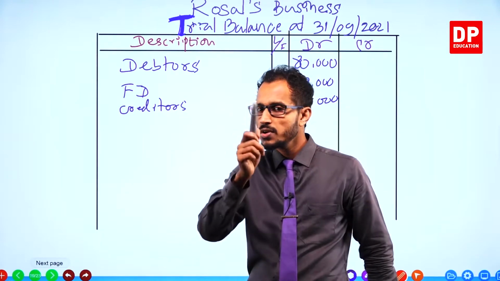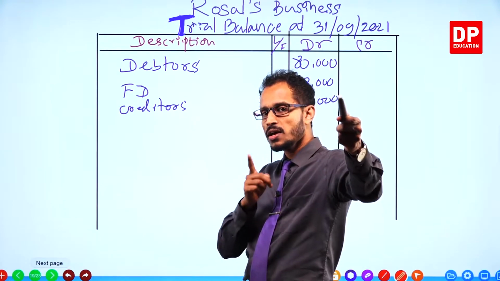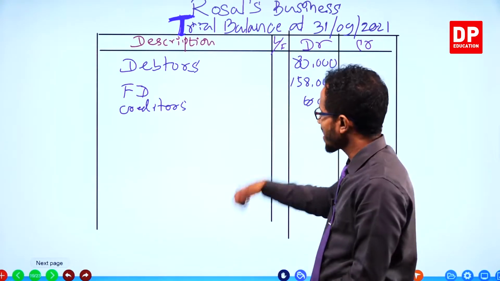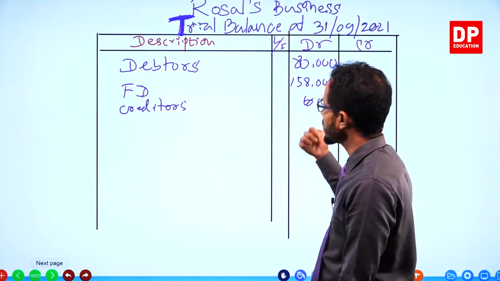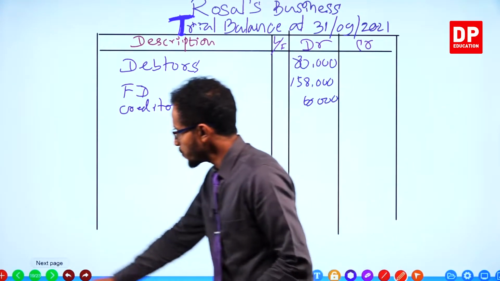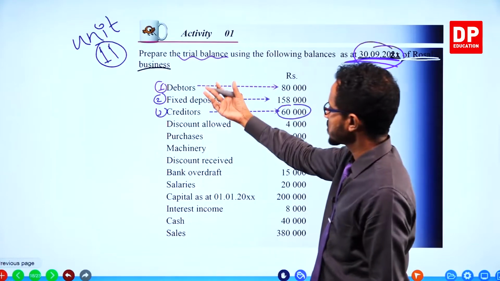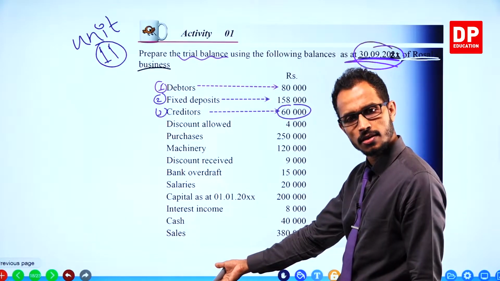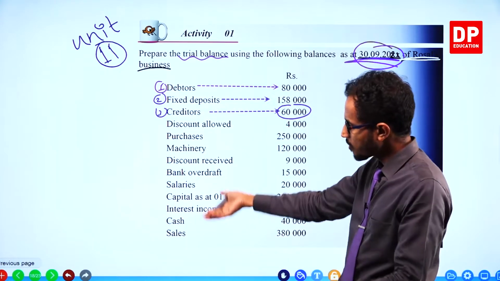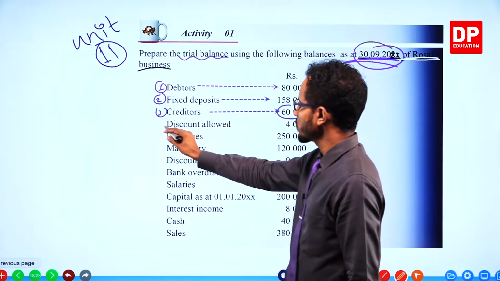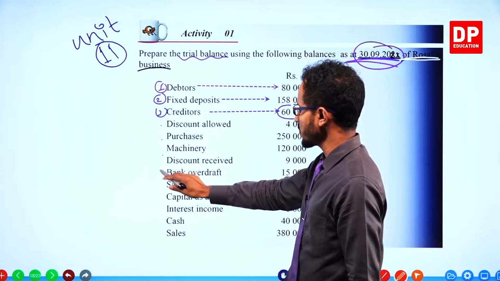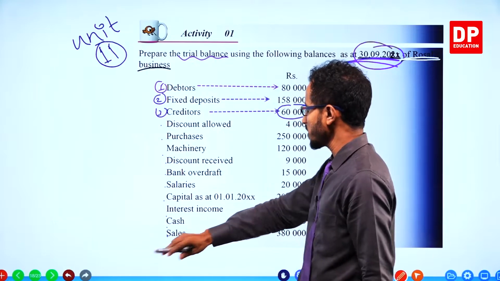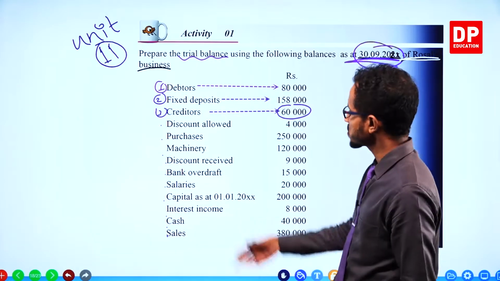You should figure out first which balances are debited, which balances are credited. You have a whole lot of balances. We have 4, 5, 6, 7, 8, 9, 10, 11, 12, 13 balances.